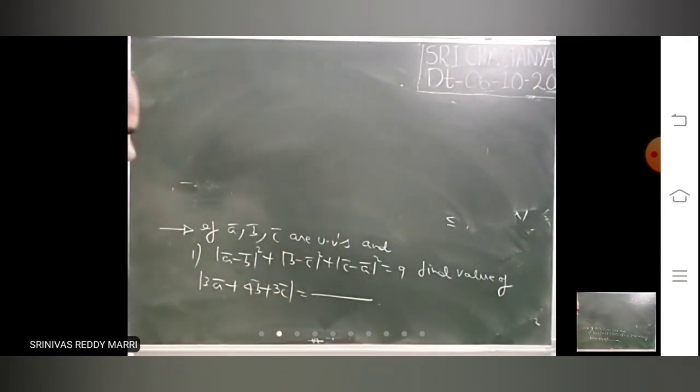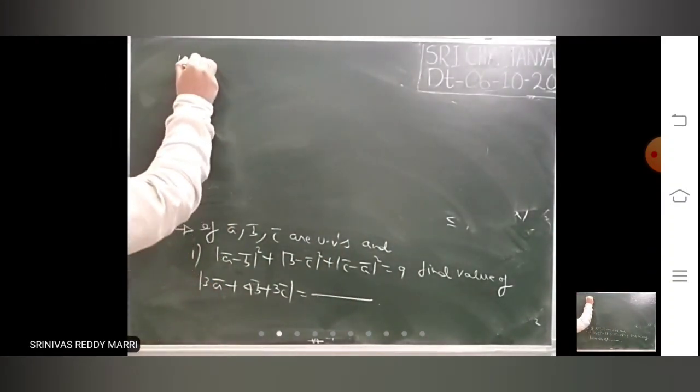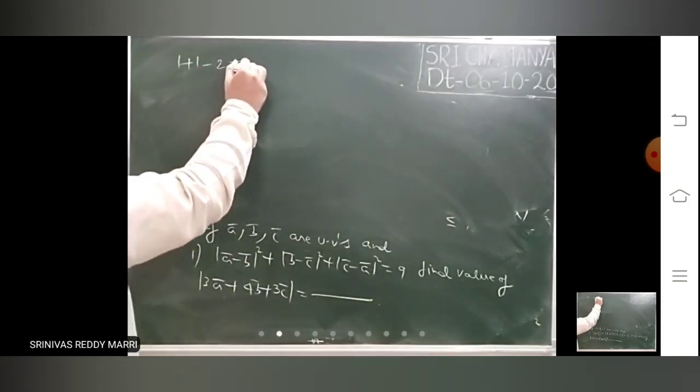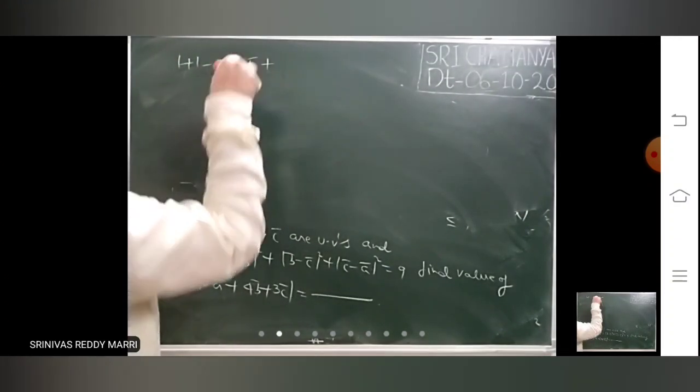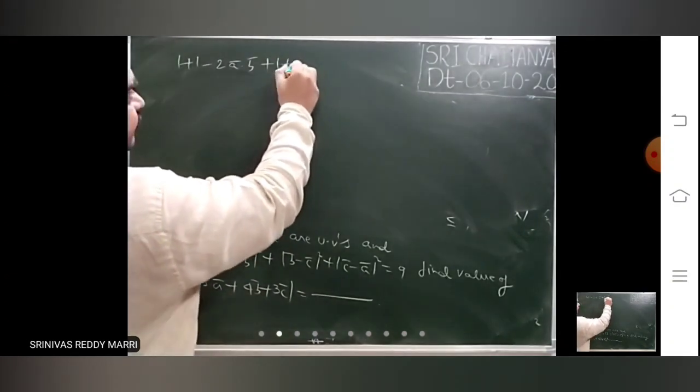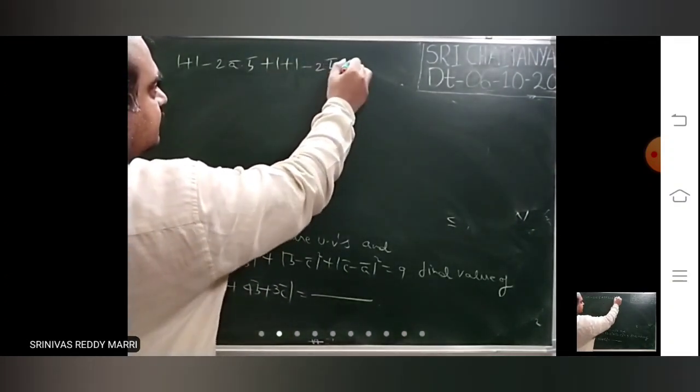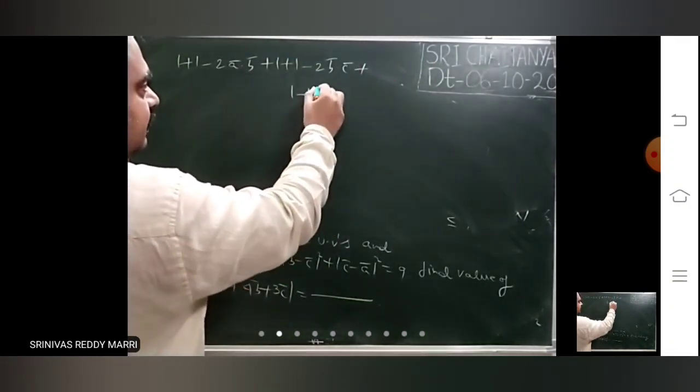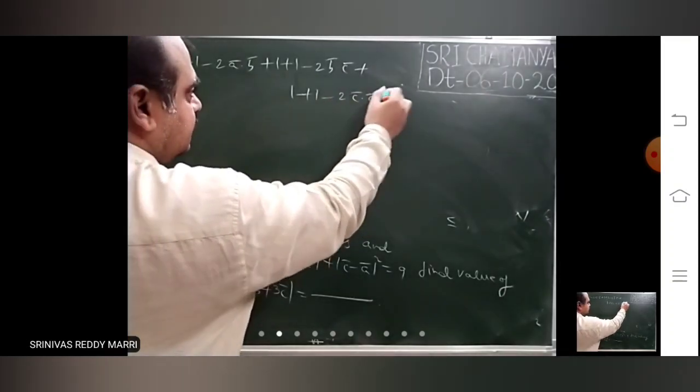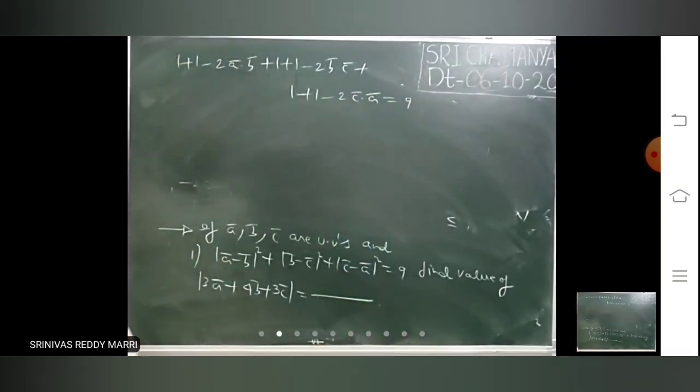Now expand this. So this is 1 plus 1 minus 2a dot b plus 1 plus 1 minus 2b dot c plus 1 plus 1 minus 2c dot a equal to 9.